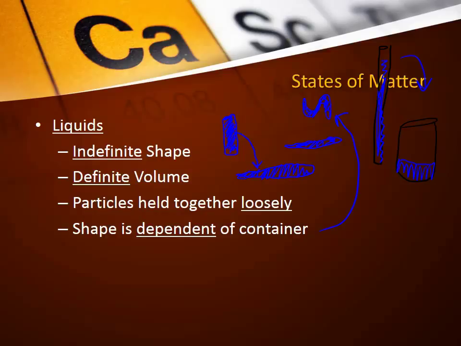If you have a younger brother in preschool or something, you can ask him which one will have more water. Normally the answer is this one. It looks taller. It looks like it has more water. But it has a definite volume, meaning these are the exact same amount of liquid. Nothing is changing, it's just in a different container.